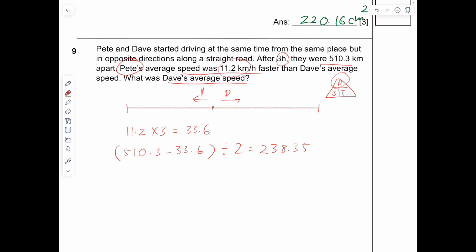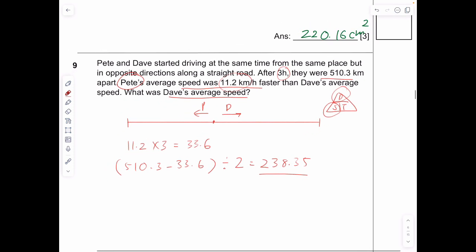Okay, now, granted that this is the distance traveled by David, I need to find his speed. When I want to find speed, I will take distance divided by time.